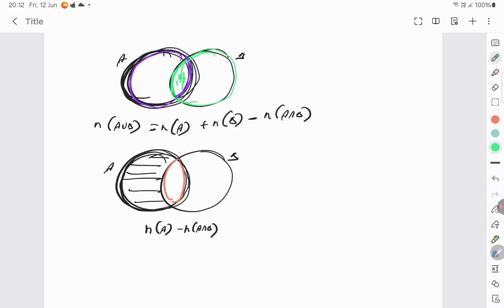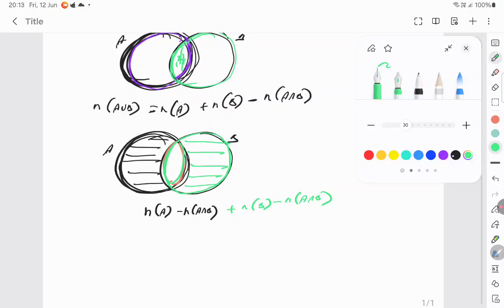B only is just this portion, which is n of B minus n of A intersection B.